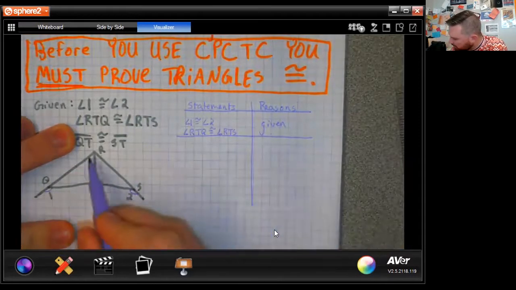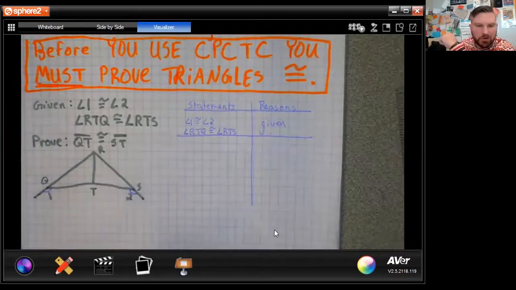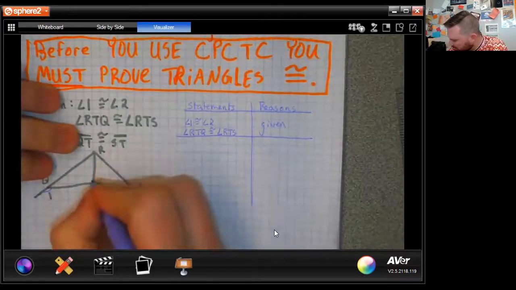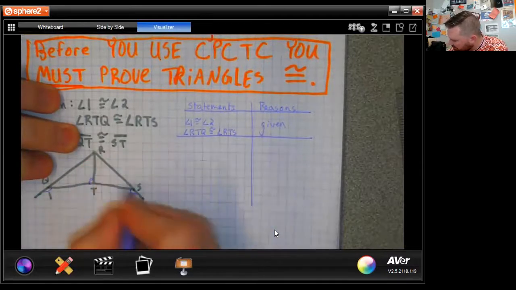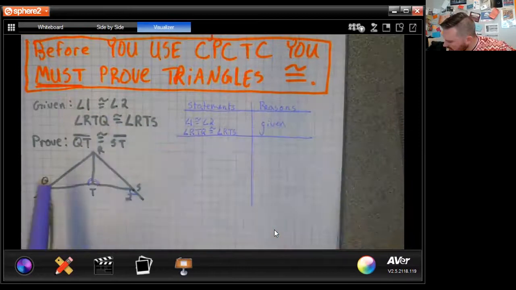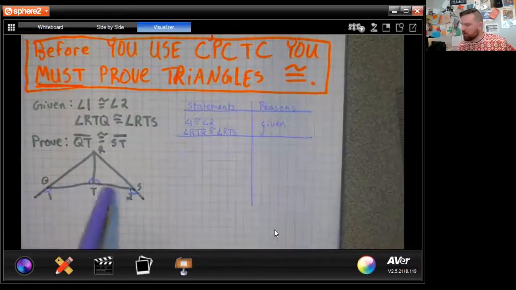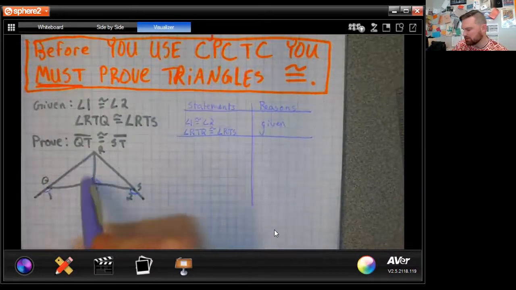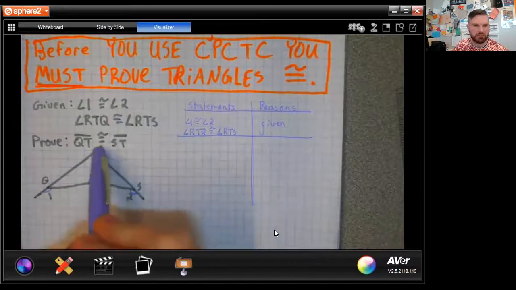And RTQ, now it looks like a right angle, but I don't know that it is. So this angle and RTS are equal. And I'm trying to prove that QT, this segment and this segment, are congruent. Now, before I do that, I need to prove that these two triangles are congruent.